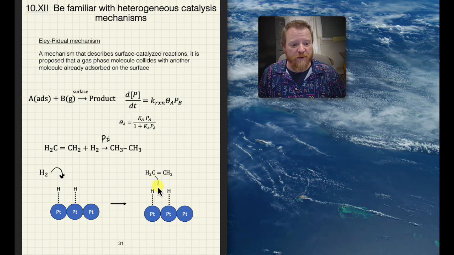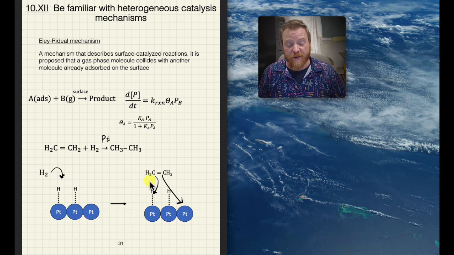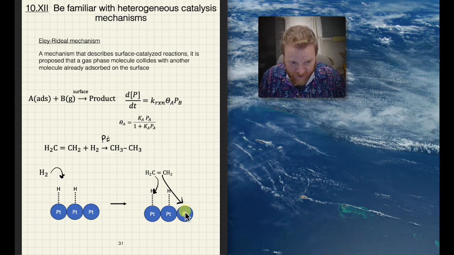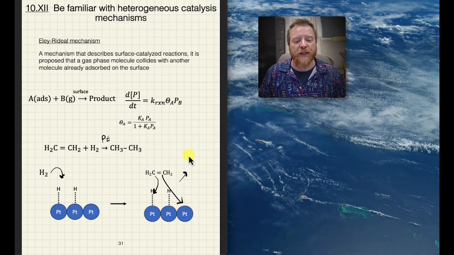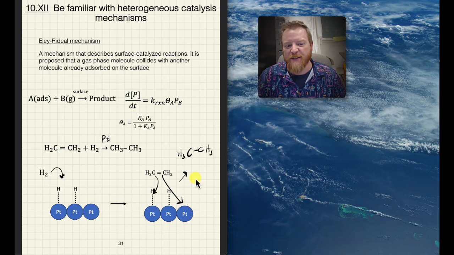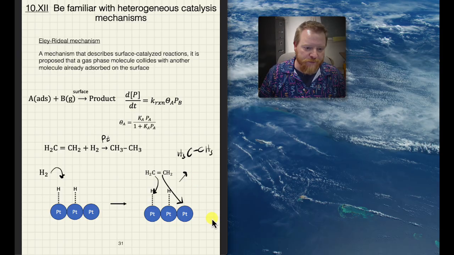It goes through something like this, and it's believed that in an intermediate step, the transition state will find a free platinum site, and then go on to react again with the final hydrogen to liberate the free alkane. Once again, I'm not going to go too heavy into the arrow pushing here. You've likely done that in your organic chemistry class.